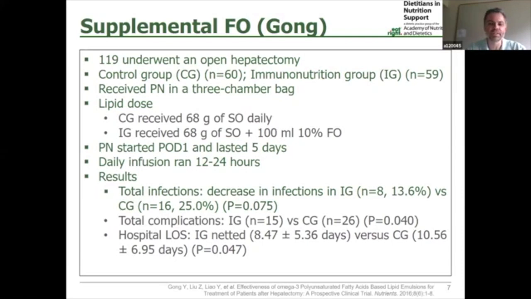There was a huge difference in the number of complications between the two, whereas the fish oil group had 15, and the group that received soybean had 26. The next was hospital length of stay, and those that received fish oil on average had 2 days less than those that received the soybean oil.